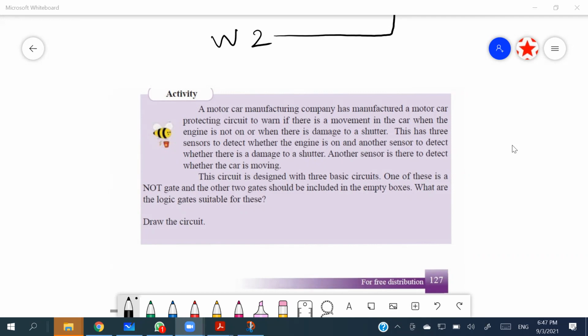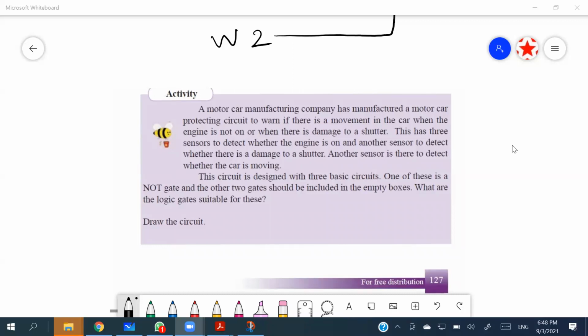A motor car manufacturing company has manufactured a motor car protecting circuit to warn if there is a movement in the car when the engine is not on, or when there is a damage to a shutter. Now, that particular sentence is enough for you to get an idea about the scenario.